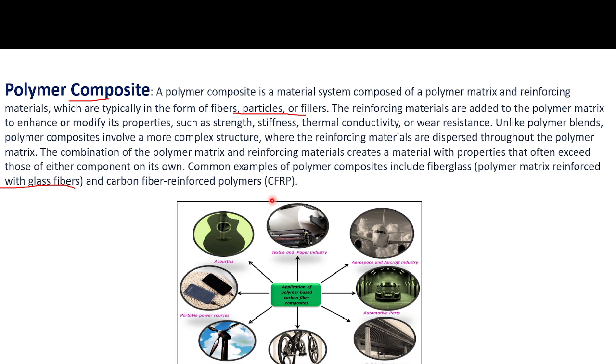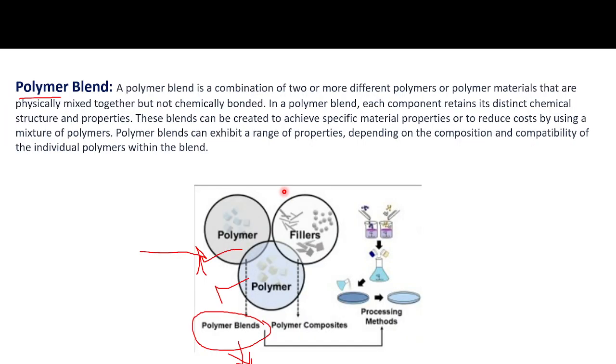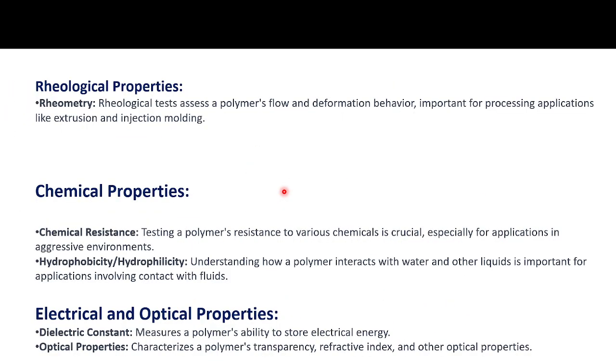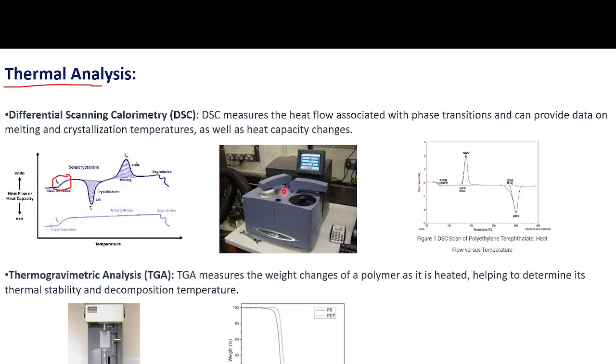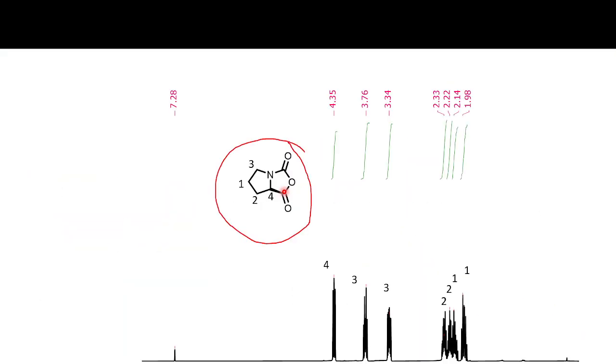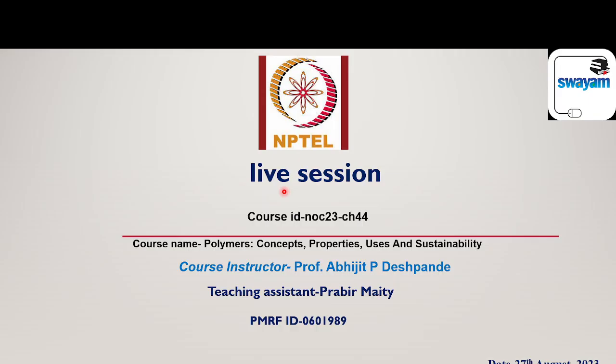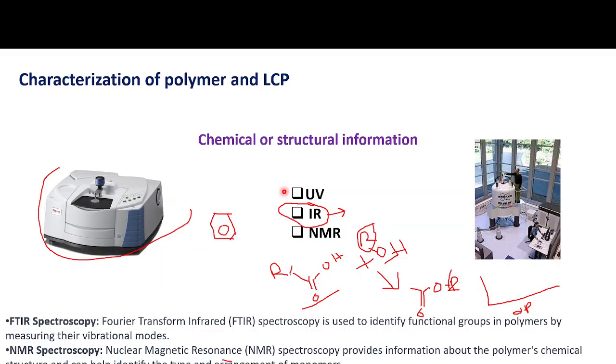But if we do the same thing, that may not be good for all of you, so I am going to solve some other problems, and you will also solve some other problems. Today's class we mainly discussed characterization techniques for polymers, and from the next class onwards we are going to solve some problems, like mathematical problems.